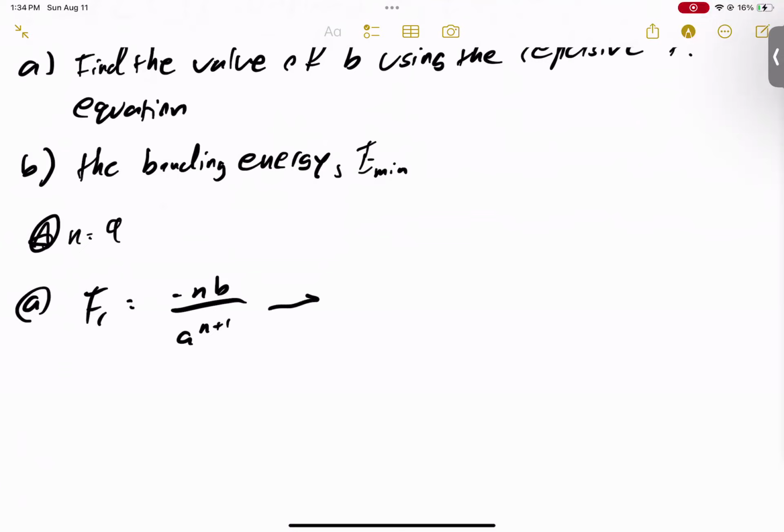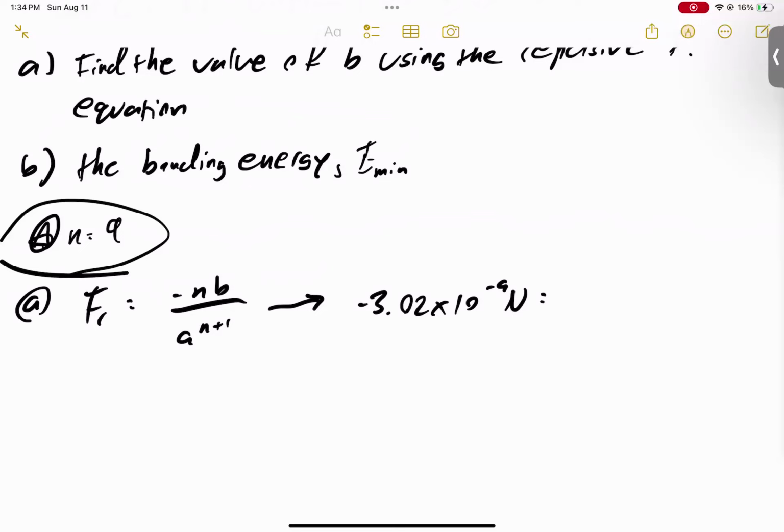If we plug in what we know so far, the force of repulsion is negative 3.02 times 10 to the negative 9th newtons. It's equivalent to, and we're given that n is equal to 9, negative 9 multiplied by B. B is what we're trying to solve for.